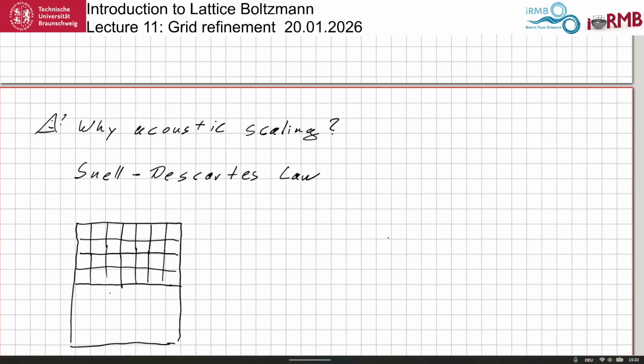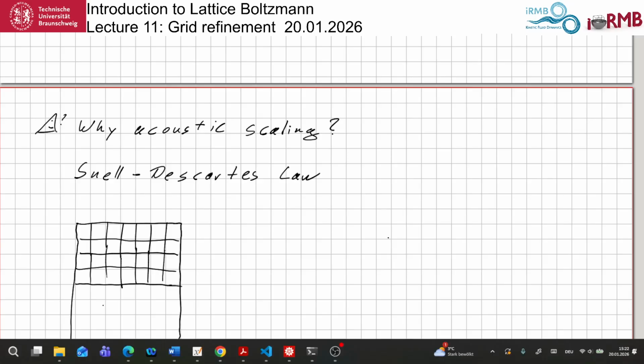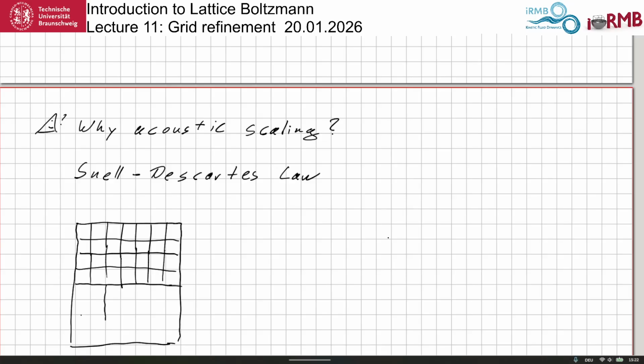So say we have a fine grid up there and we have a coarse grid down there, and say we use diffusive scaling, as I told you, you should always use.